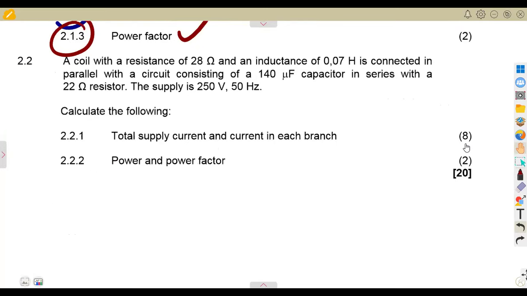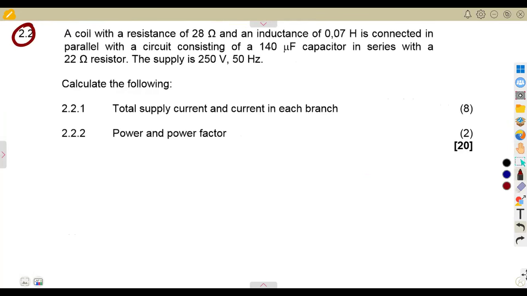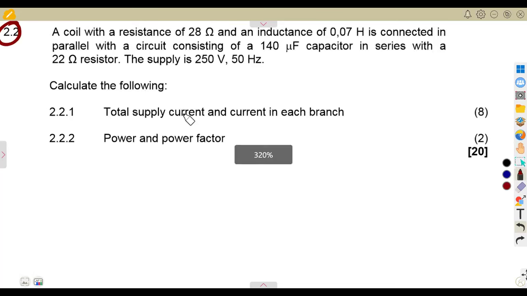So the second part again, it's another condition where you have to just make a sketch. A coil with a resistance of 28 ohms and an inductance is connected in parallel with a circuit consisting of a capacitor. So this is a coil. The resistance and inductance here are part of the coil.